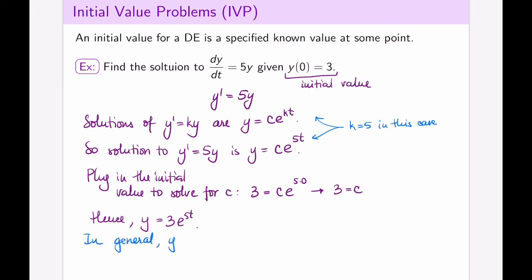In general, y of 0 is what we call y naught, the starting value, and then the solution can be written as y equals y naught e to the power kt. So instead of writing this c down, that might or might not be the actual value at 0, I know that if I have the value at 0, that is simply the constant in front of my equation.